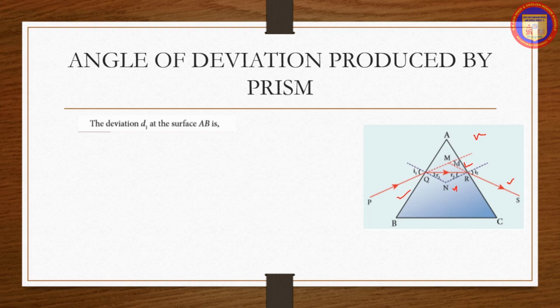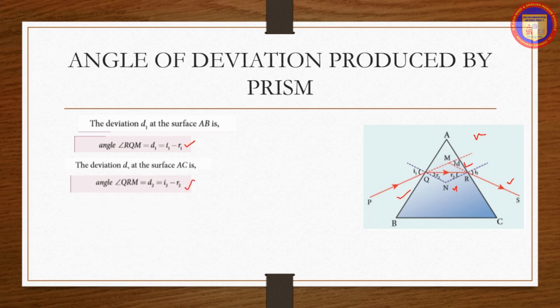Now we'll come to the derivation part. The deviation D1 at the surface AB is angle RQM, which is equal to I1 minus R1. The deviation D2 at the surface AC is angle QRM, which is equal to I2 minus R2.